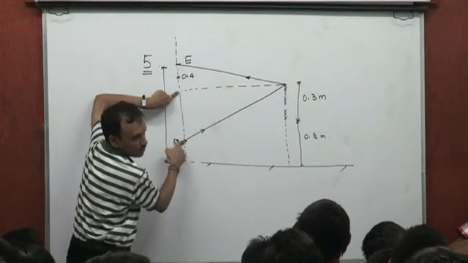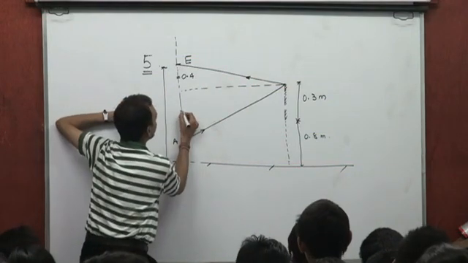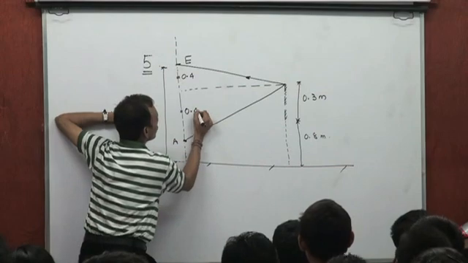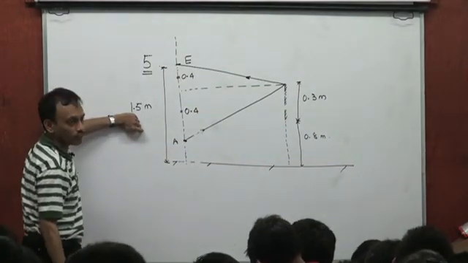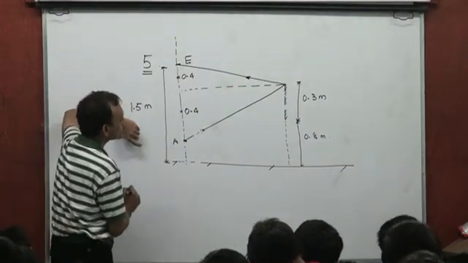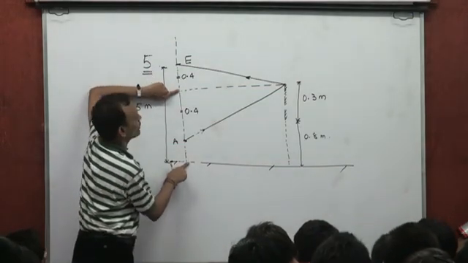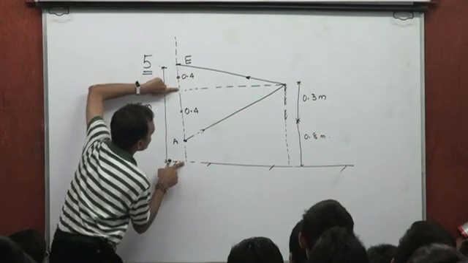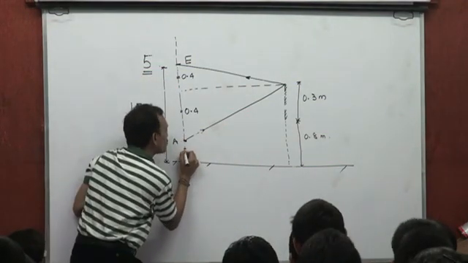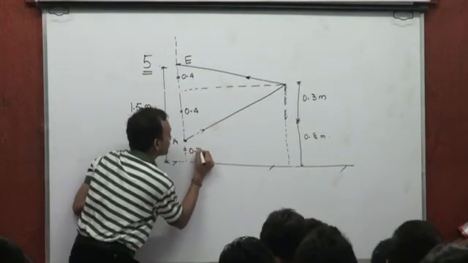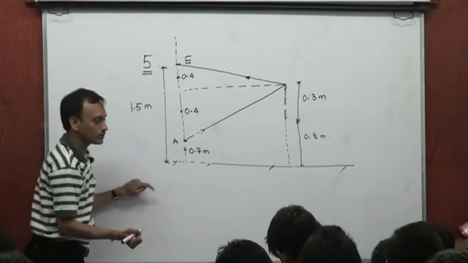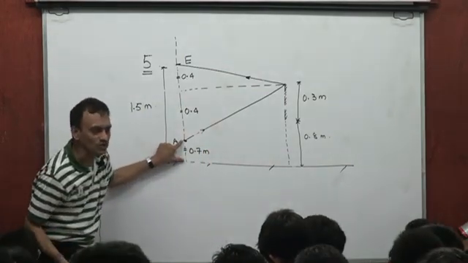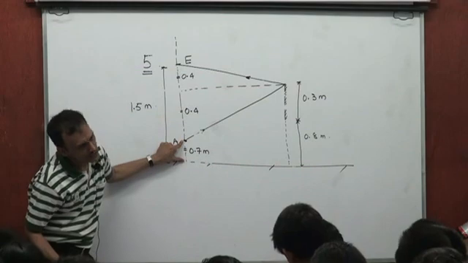So this must also be 0.4. This must also be 0.4. And this is 1.1. See? 0.8 plus 0.3. This is 1.1. This is 0.4. So one point that he sees of himself is like 0.7 meters above the ground.